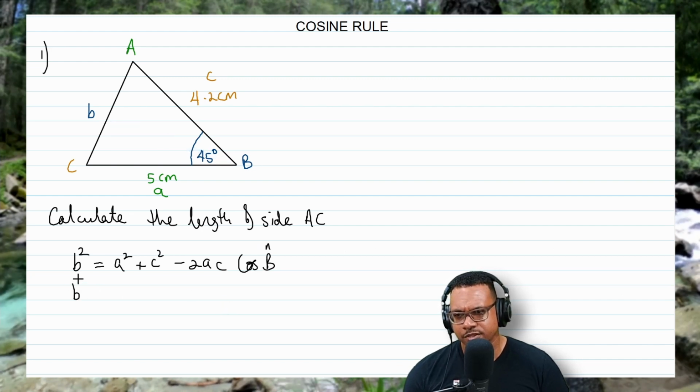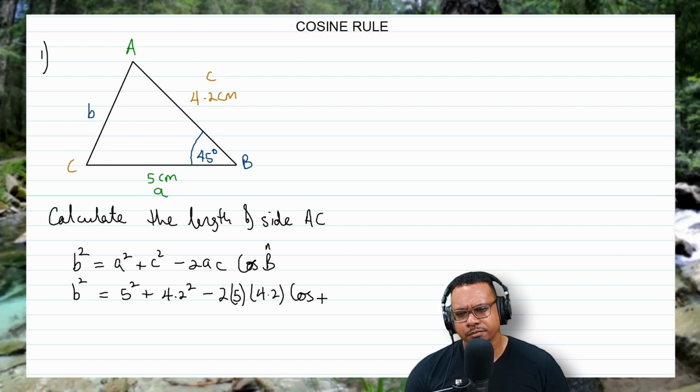So we're going to have b squared is equal to a squared, so a is 5, so that's 5 squared, plus c squared, that's 4.2 squared, take away 2 times a, and a is 5, times c, and c is 4.2, cosine angle B, and angle B is 45 degrees.